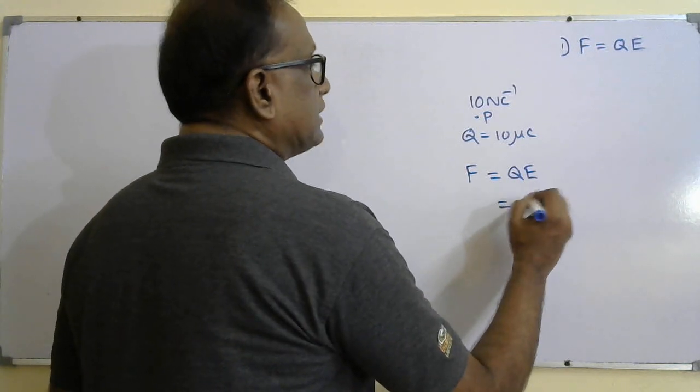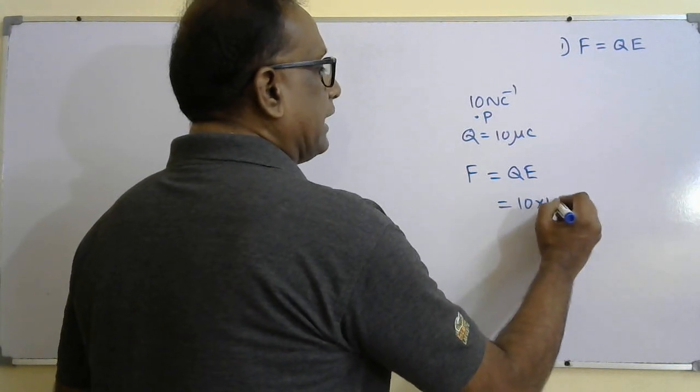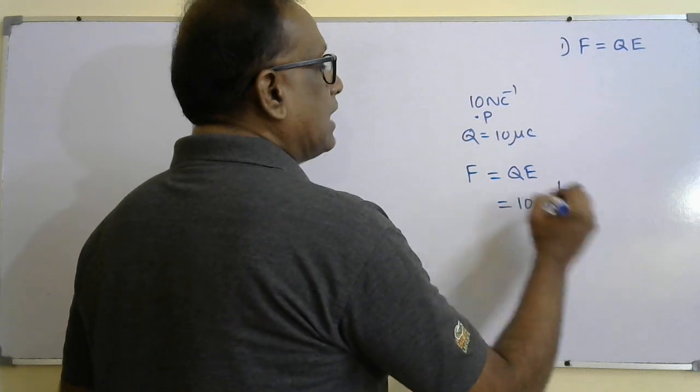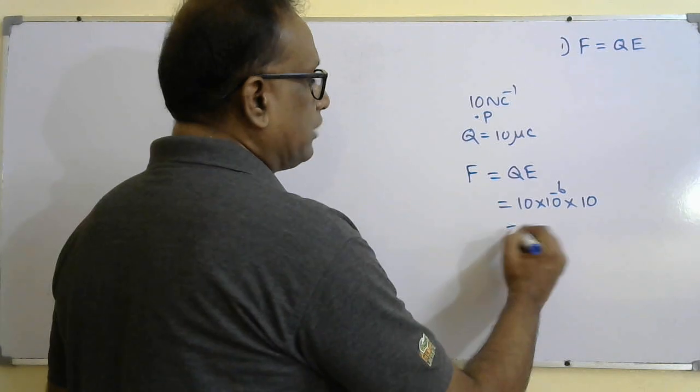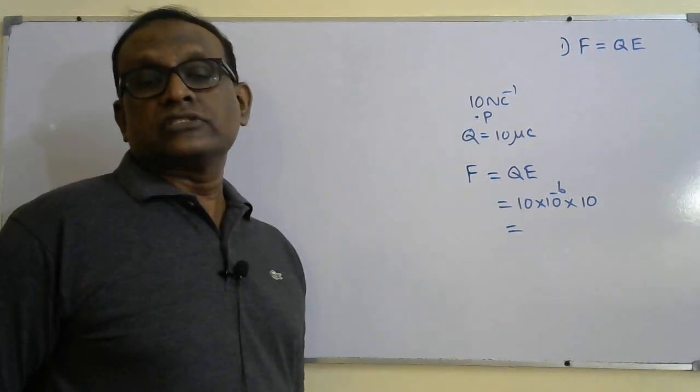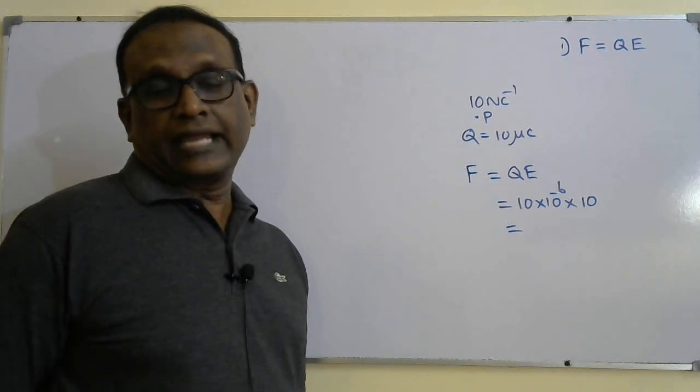You know the Q, which is 10 into 10 to the power minus 6, and electric field strength 10 Newton per Coulomb. Solve it, you will get the electrostatic force acting on that point. That way you can use it.